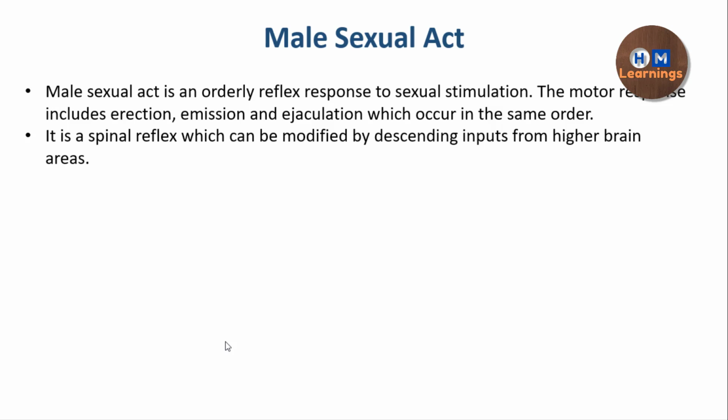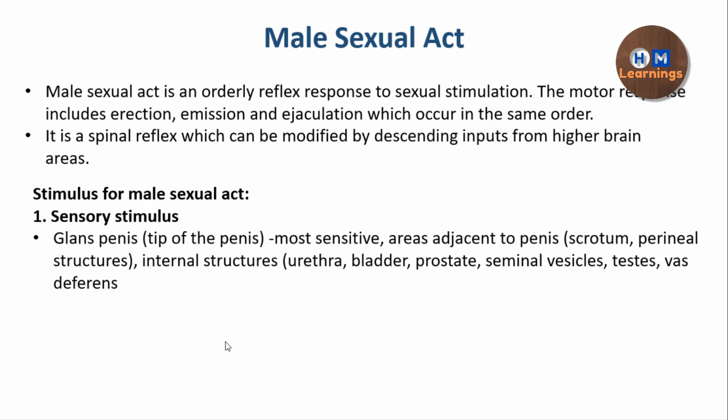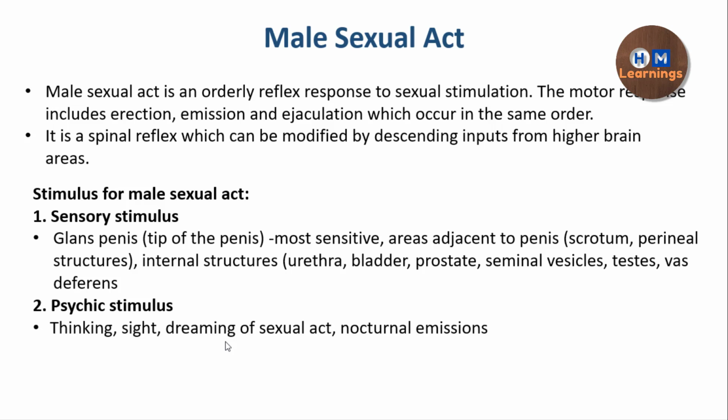Now, as I said, it's a motor response which happens to the sexual stimulation. What kind of stimuli can elicit the sexual act is something we can talk about further. It is broadly classified into two types: sensory stimulus and psychic stimulus.